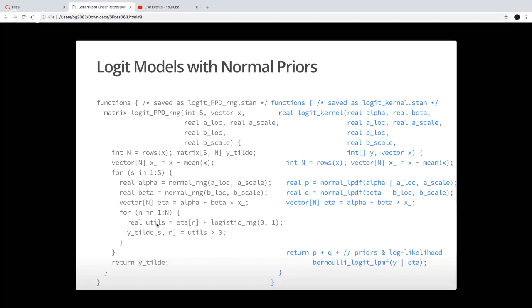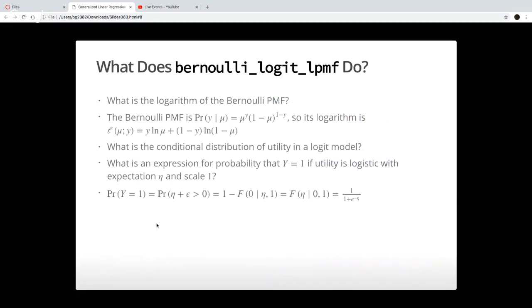Now, it can be shown for the logistic distribution, this is often the case for symmetric distributions, that 1 minus the CDF of 0 given eta is equal to the CDF of eta given 0. So if eta were the random variable and we evaluated it at the standard location 0, scale 1, we get out the same number.